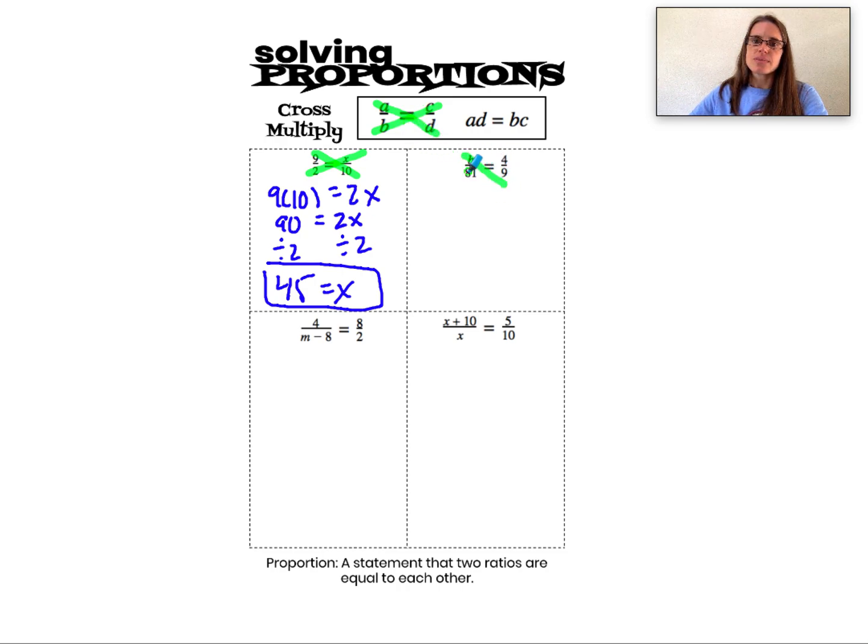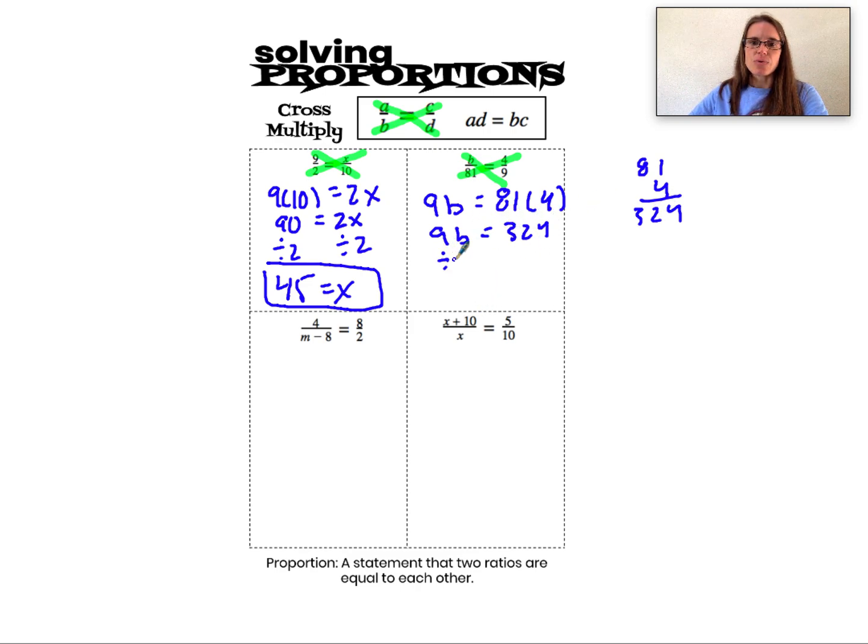B times 9 equals 81 times 4. I'm going to write b times 9 as 9b because that is more sophisticated. Equals 81 times 4. Yuck. That is not a super fun computation. So 81 times 4, 324.